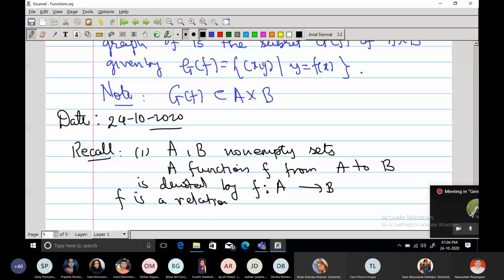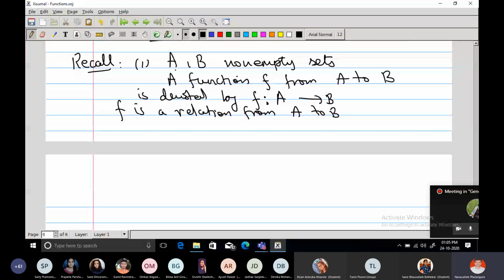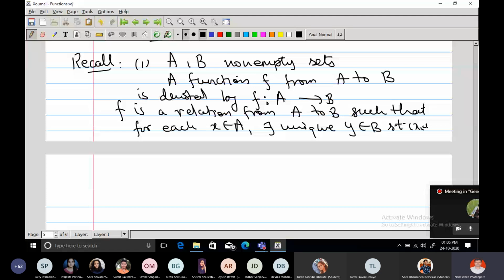from A to B. And what is the speciality of this relation? The speciality is that for each x in A there exists a unique y in B such that the pair xy is in the relation F. This is the definition we saw.